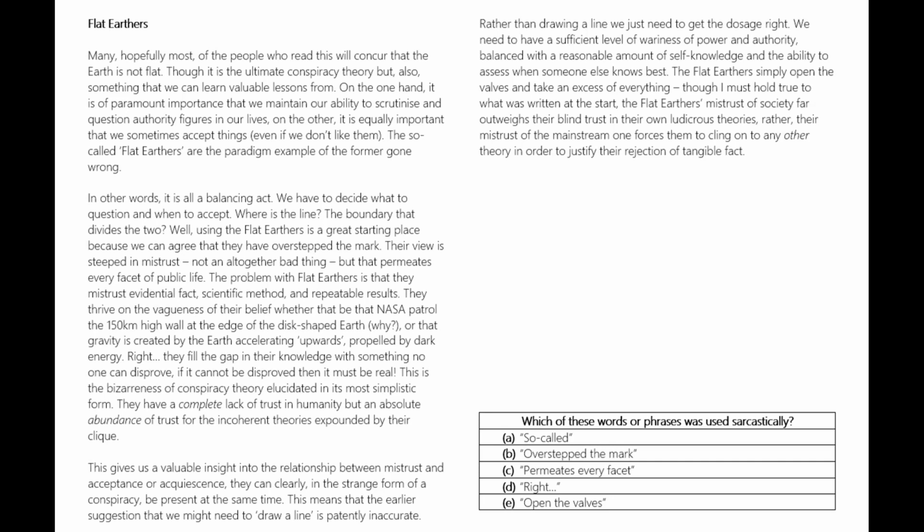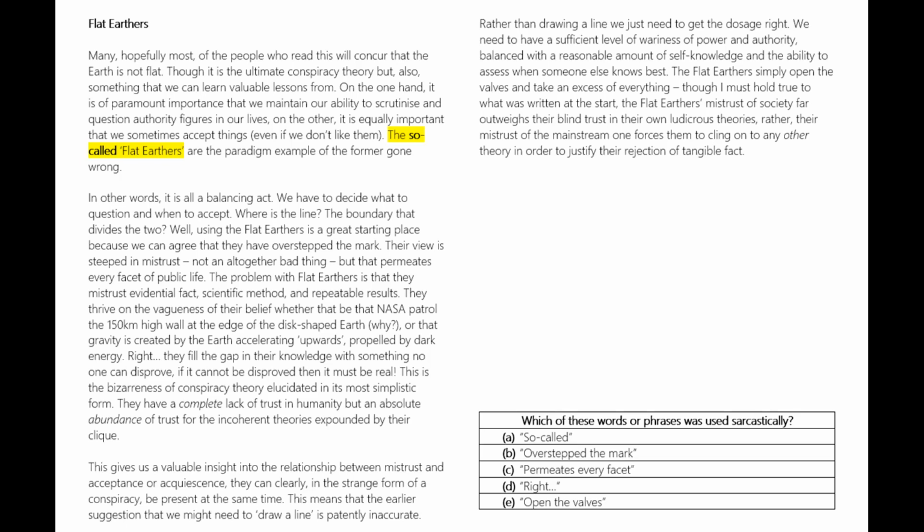So the first answer then is A, so-called. This could indeed be the answer we're looking for. The author uses this phrase just here, where they say so-called flat earthers, as if to say that this group of people that label themselves as flat earthers do so for the wrong reasons. Maybe they're foolish, something along those lines.